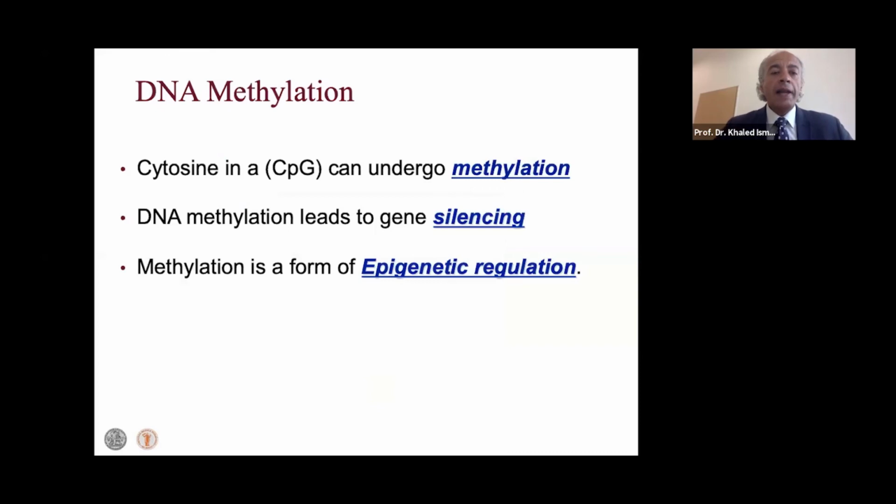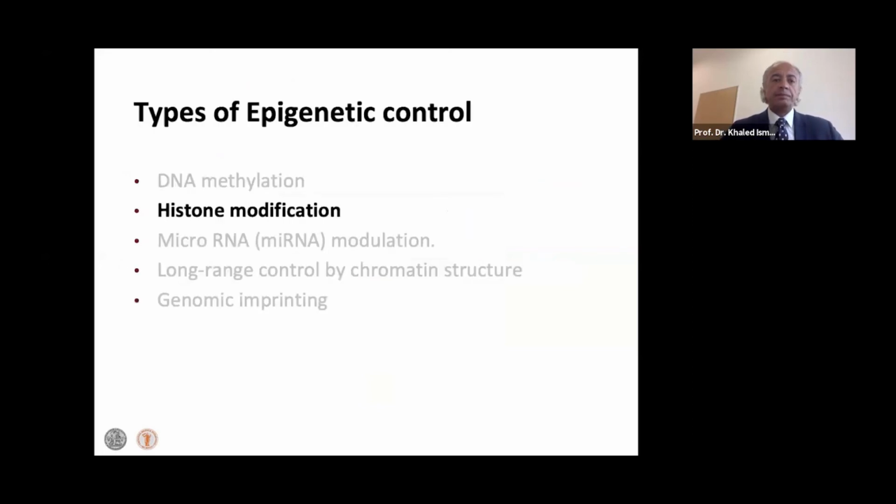So methylation of cytosine in the CpG sequence can cause gene silencing, and this is a method of epigenetic regulation. The other type that I want to talk about before I go into a little bit more detail is something called histone modification.